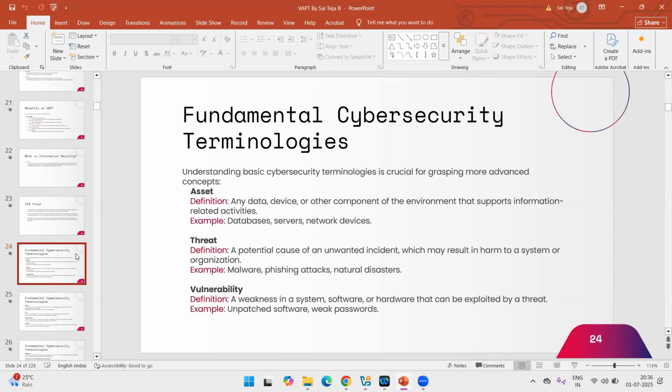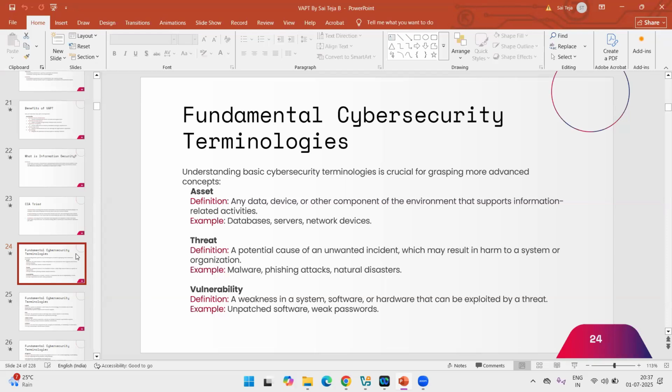Or let's say that the data is sent from the client to the server without encryption. Unencrypted data transmission. These are all various types of threats. It could be phishing, malware, or a natural disaster also. A threat is a potential cause of an unwanted incident, which may result in harm to a system or an organization.